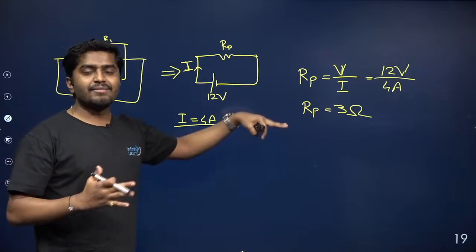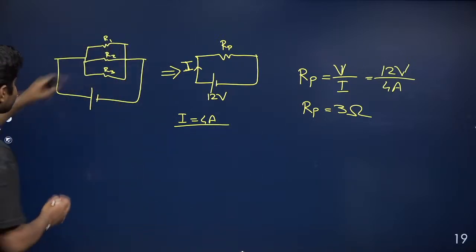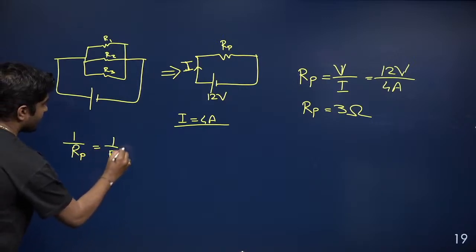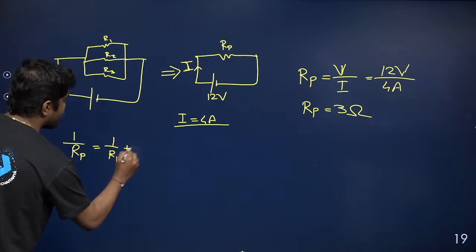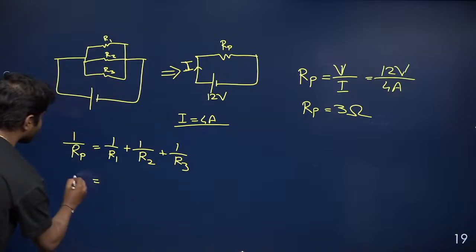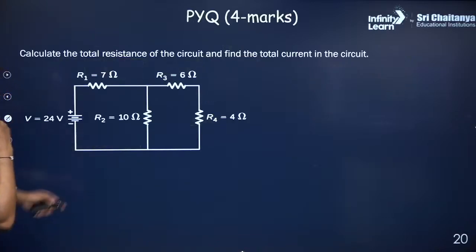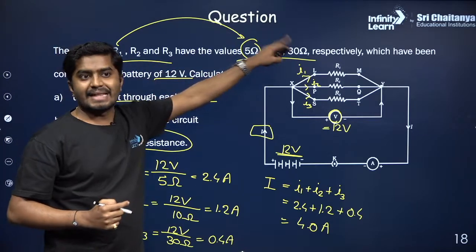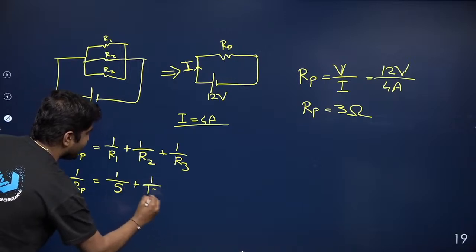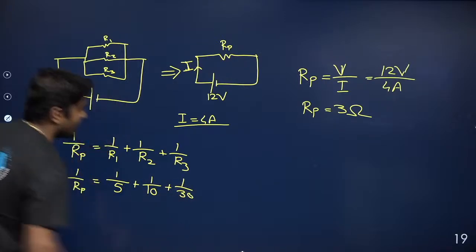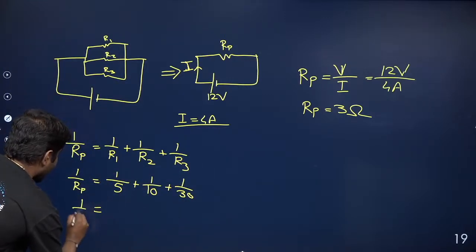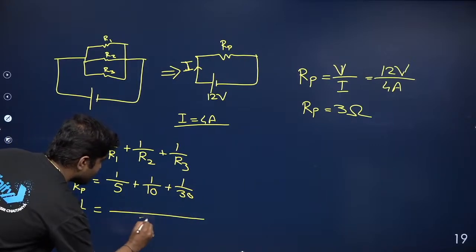Let's compare with our normal method. So 1 by RP is 1 by R1 plus 1 by R2 plus 1 by R3. I'm just comparing, okay? If we get the same value. Let's substitute the values: 5, 10 and 30. So 1 by 5 plus 1 by 10 plus 1 by 30. What is the LCM of 5, 10 and 30? It is 30.